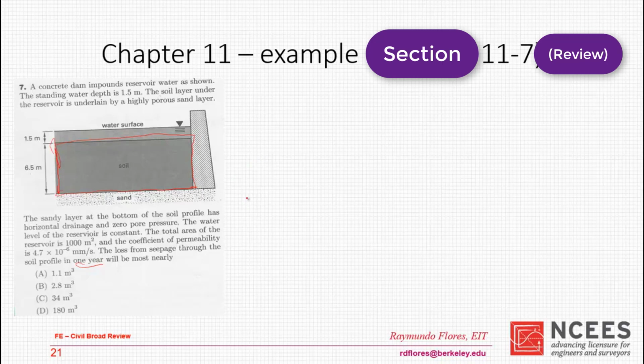So let's go back to our Darcy equation, right? In this case, you have dH over dx. If we talk about the flow in terms of what they gave us, we're really talking about this per second. Because this is happening per second, we're going to have to multiply everything by a very large number. It's 3,600 seconds per hour, and then there's 360 days.